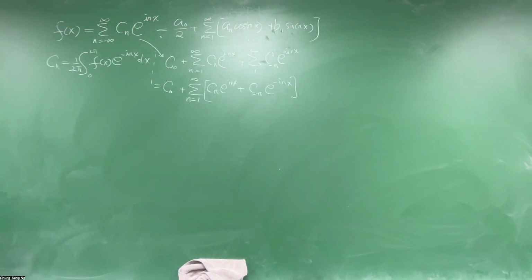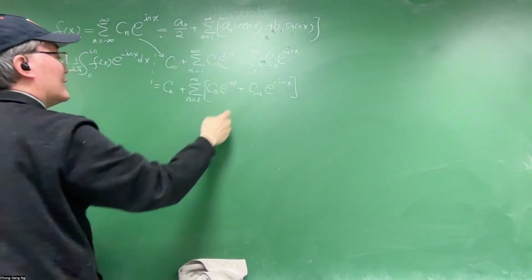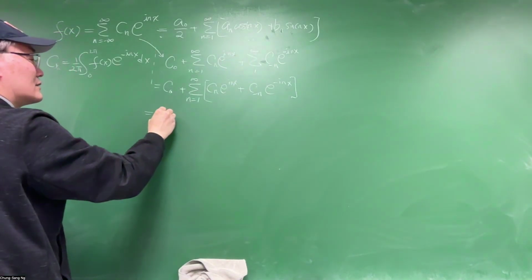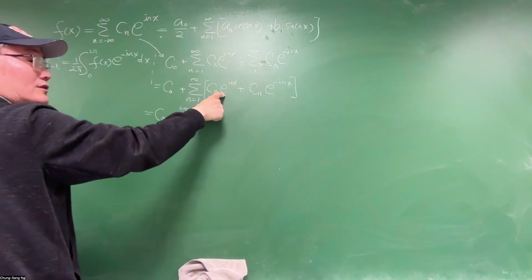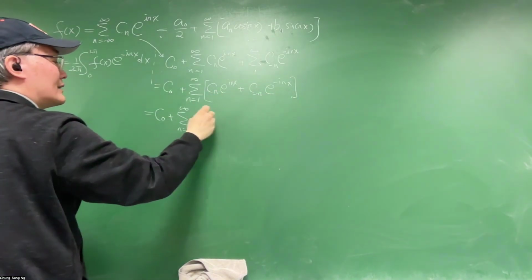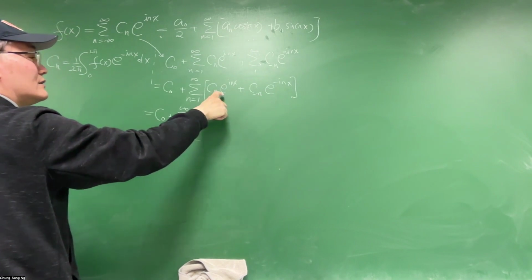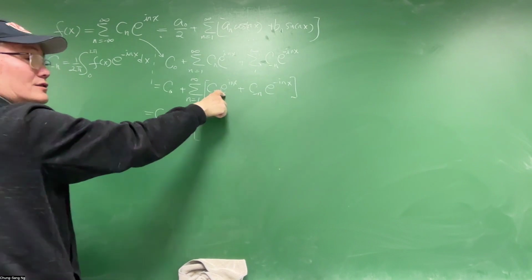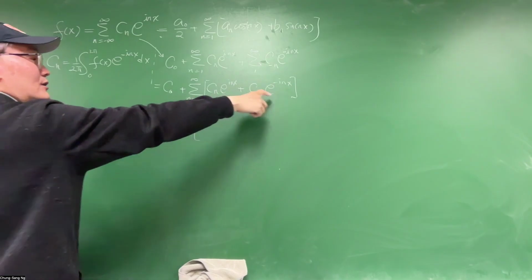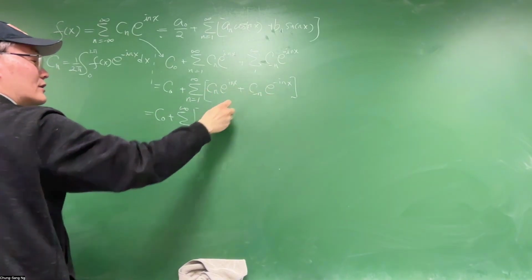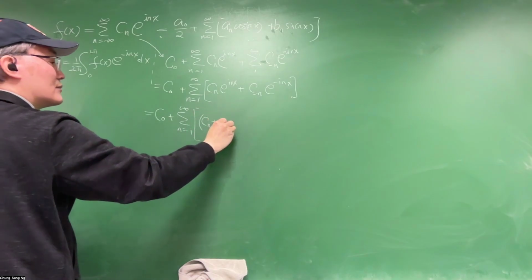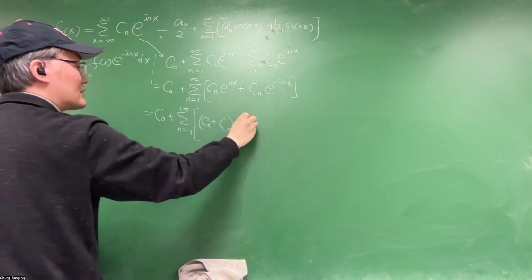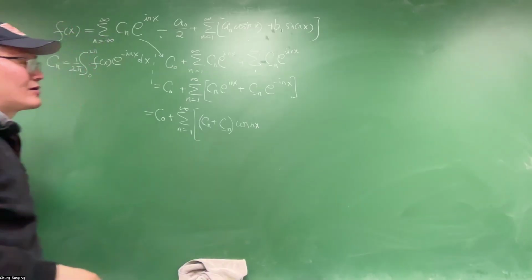Okay, and now we're getting close. The next step is just to use the Euler relation, so it changes to cosine and sine, both of them. For the cosine, there's a cosine term here with the coefficient C sub n plus C sub minus n, times cosine n x.